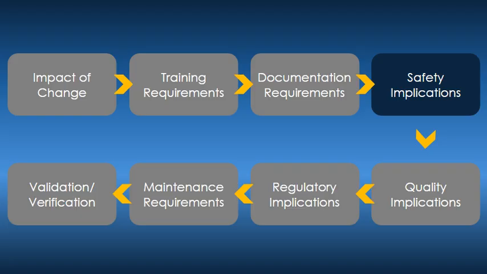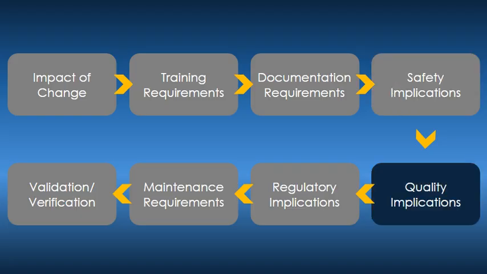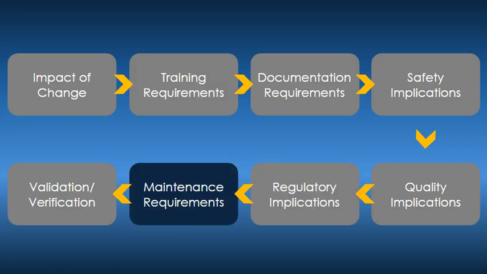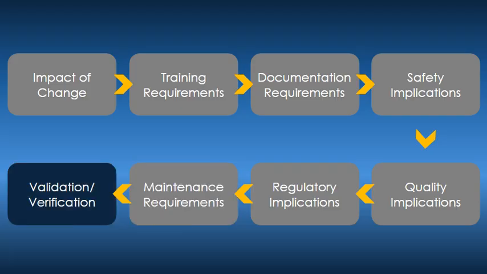Safety implications, as well as additional or new controls. Quality implications and inspection requirements to validate the new processes are upheld. Regulatory compliance implications. Maintenance requirements, especially preemptive and predictive measures. And validation or verification requirements.